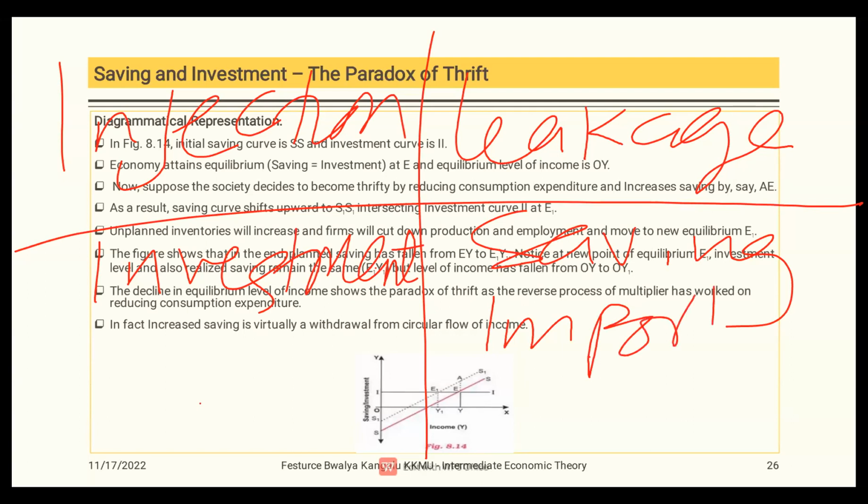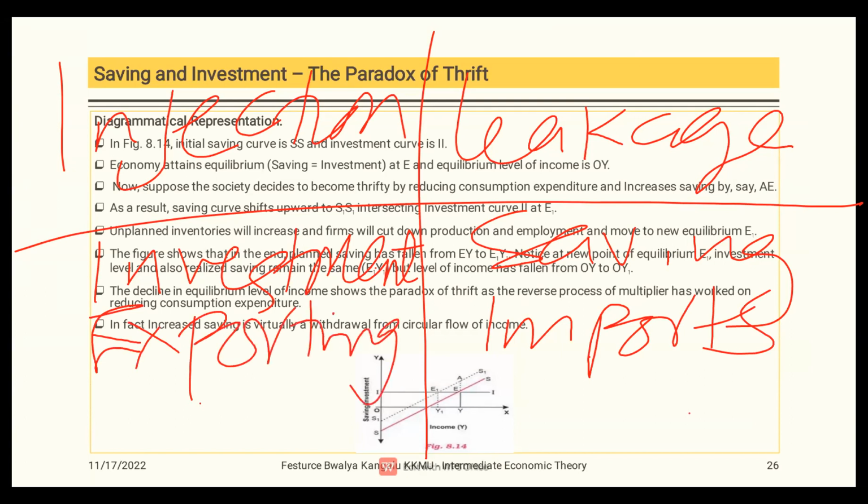Then again, the government does not encourage imports. Imports are again a leakage in the circular flow. Just look at the circular flow of income. Imports will make money go out of the economy, like you're removing money. Then most of the times we encourage exporting, which is the contra injection.